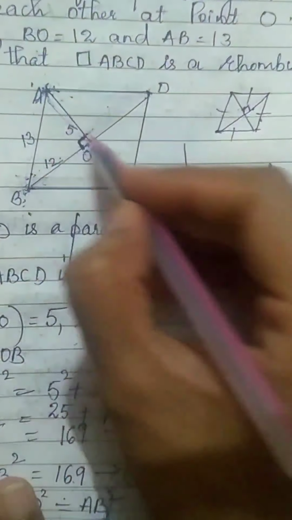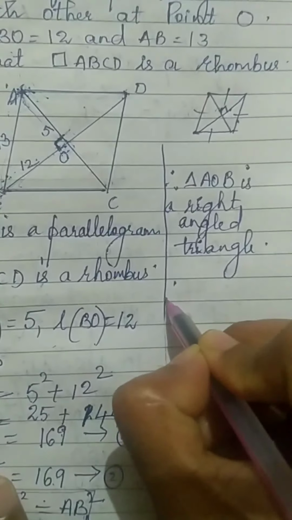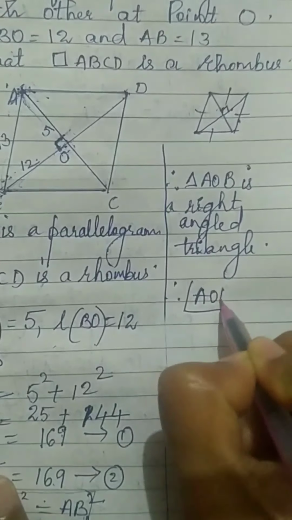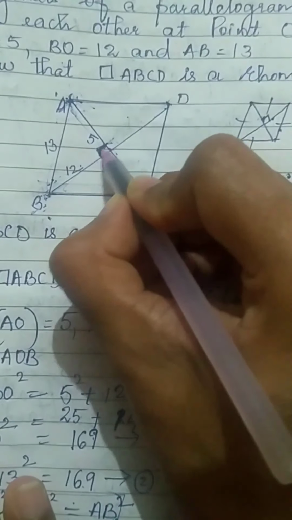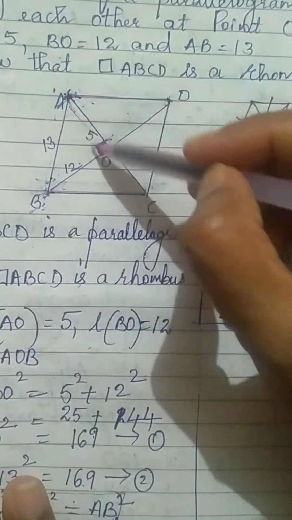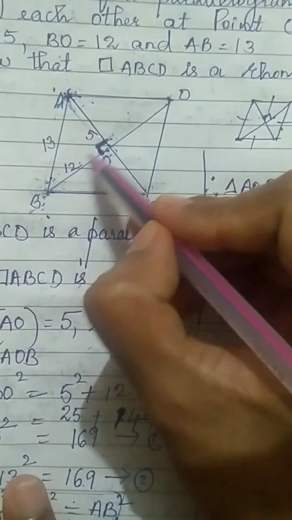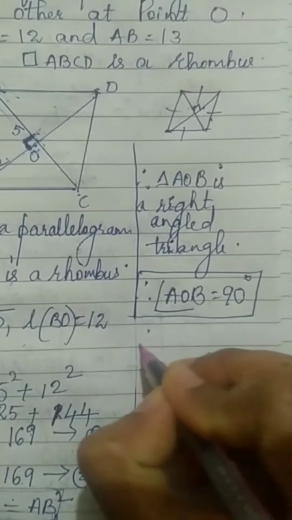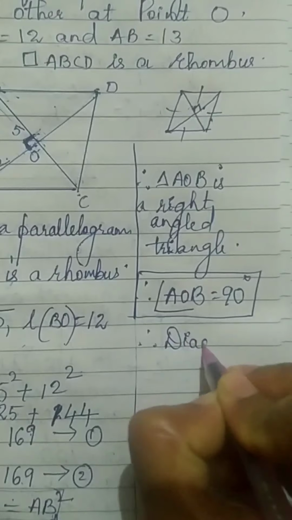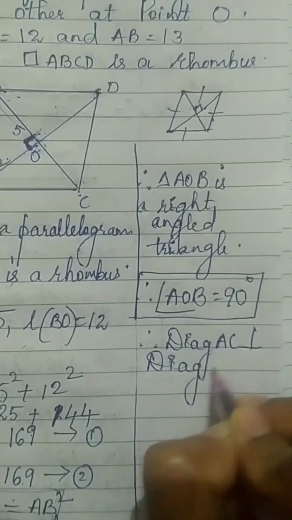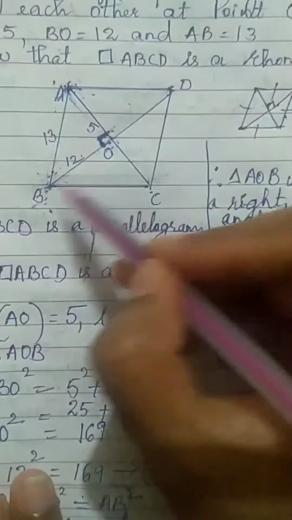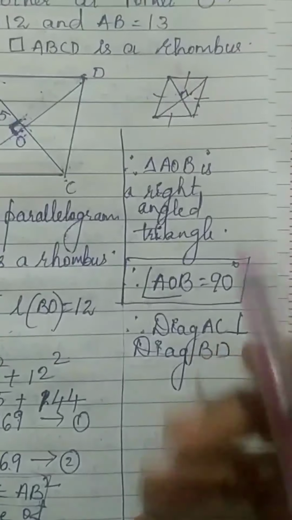If this is a right angled triangle, so I can write that therefore angle AOB is equal to 90 degree. Mission accomplished. If this becomes 90 degree, that means indirectly I can say that diagonal AC is perpendicular to diagonal BD. Okay. So therefore I'll write, therefore diagonal AC perpendicular to diagonal BD.